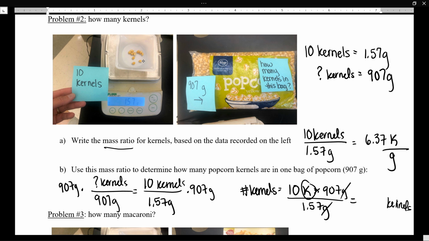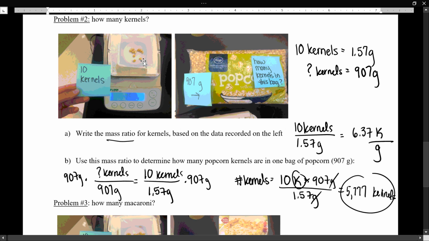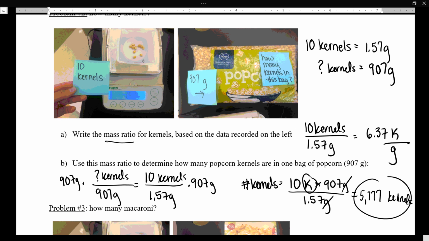So you always want to double check that your units worked out to make sure you put the right numbers on the top or the bottom. So then we do 10 times 907 divided by 1.57 would be 5,777.